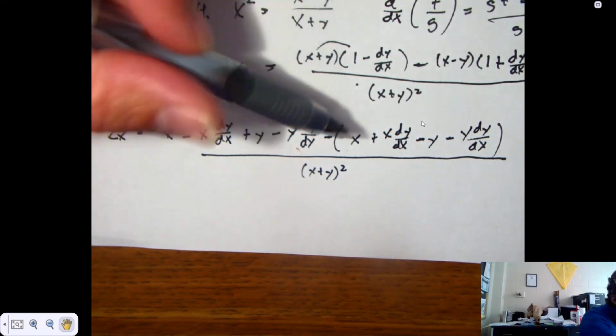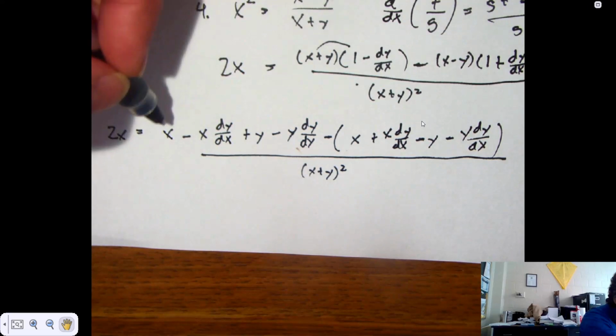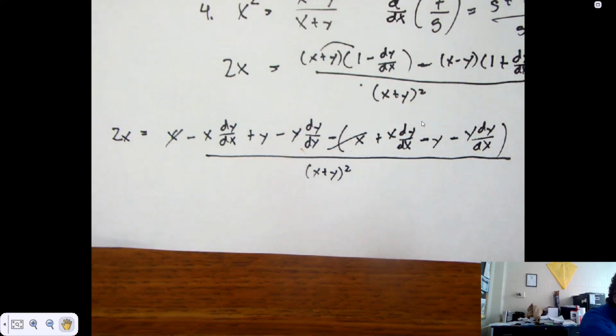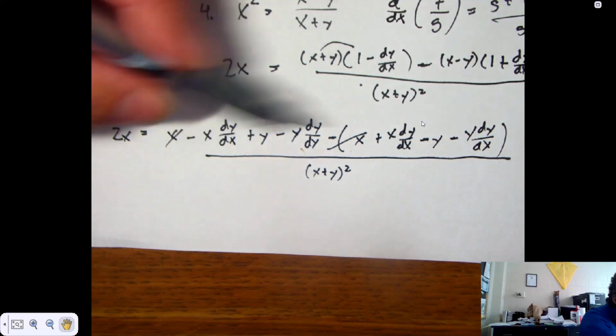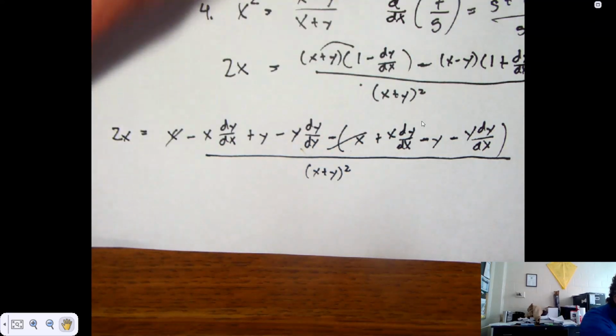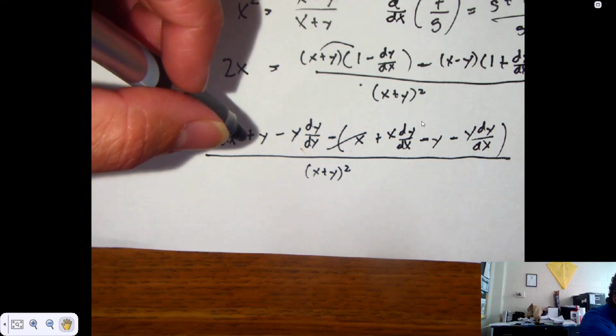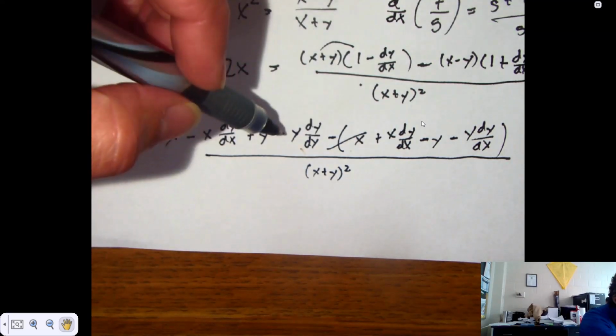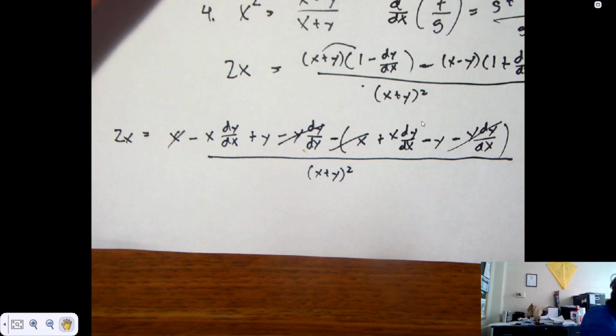And you might have done yours a little bit differently. I have an x minus an x, so that's gone. I have a negative x dy dx minus an x dy dx. That's not gone. I have a positive y minus a negative y. That's not gone. I have a negative y dy dx minus another negative y dy dx, so those two are gone. I think that's everything that cancels out.